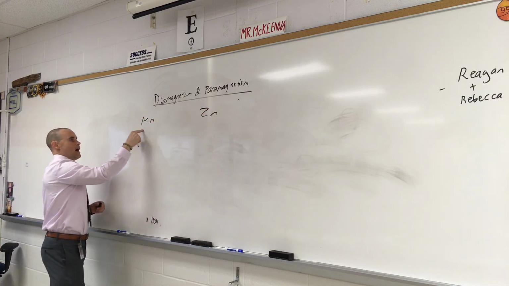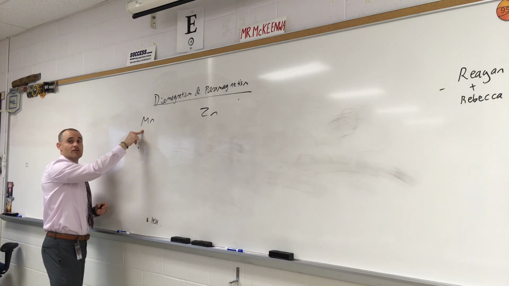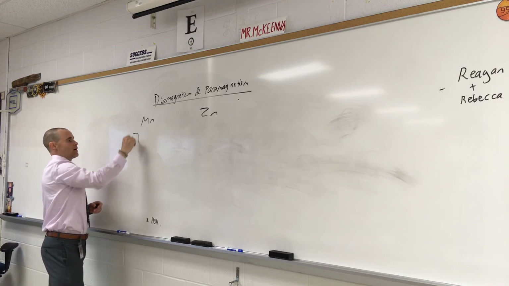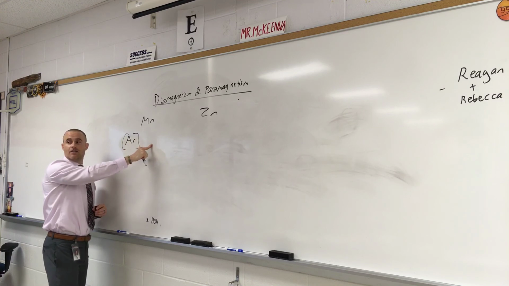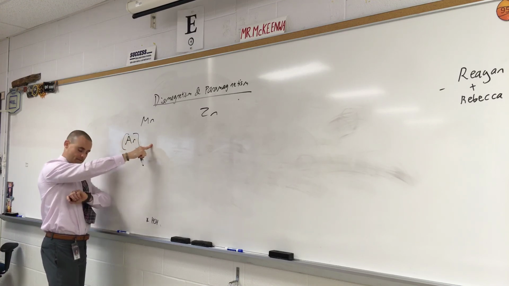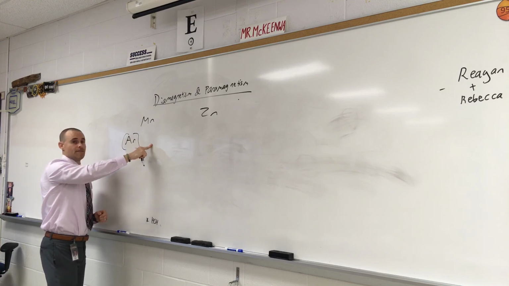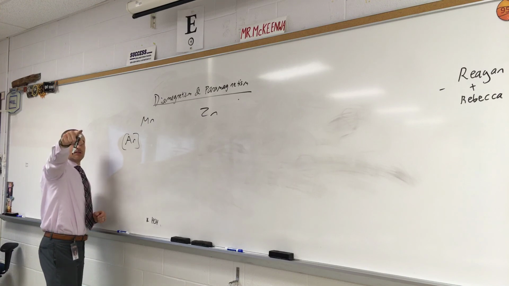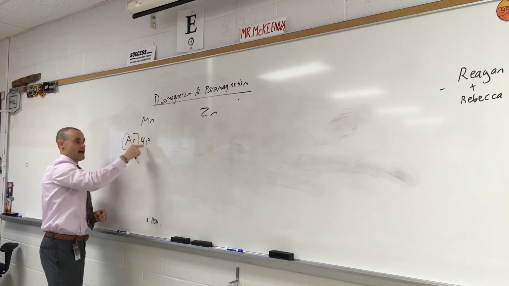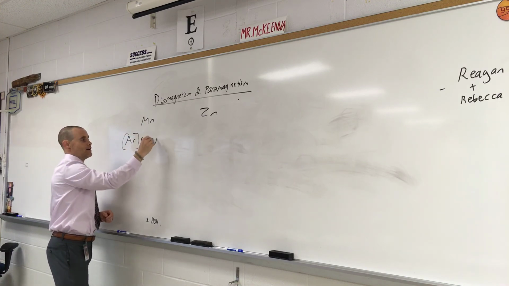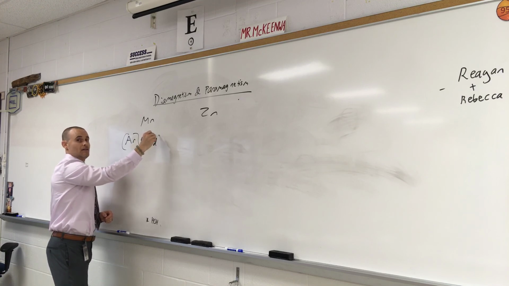Here we go. Mn's configuration. If we use the noble gas core, there's argon, and then who can finish it? What after argon? What comes next? 4s2. That's K and Ca, and then 3d. Mn.